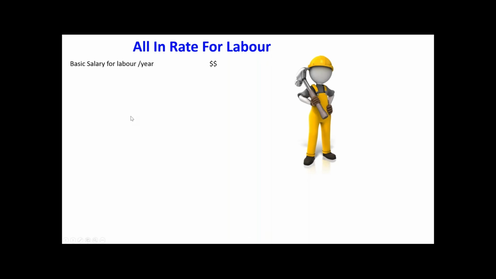So let me disclose. First, we have to include the basic salary for labor. So the basic salary per year, how much we are going to pay. As you know, you have the labor contract monthly, how much he is going to get paid. So that should be calculated yearly, right? That is called the basic salary. And there will be an increment sometimes. In Gulf area, we have the climate condition, right?